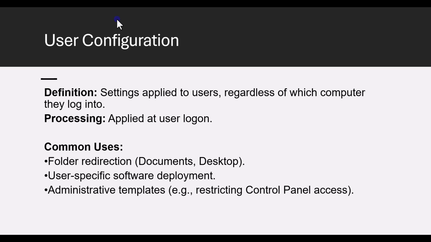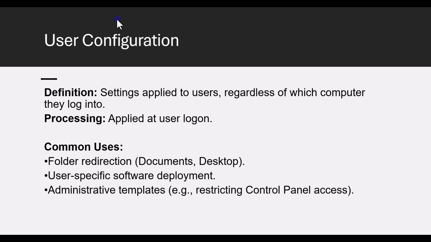So how do they apply? They are processed at user logon. That is, when a user is logging on from a PC that is on the domain, then the user configuration will apply to that user. So we apply these configurations on the users on the network.